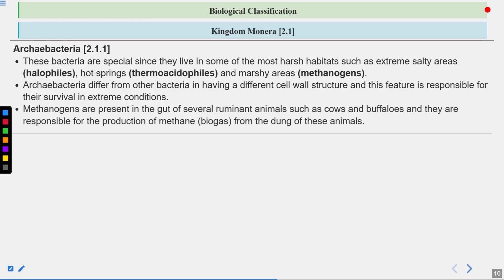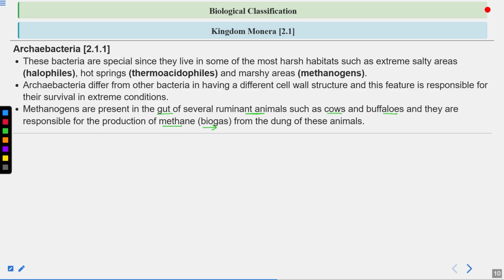Now let's talk about the methanogens. So what are methanogens? As the name suggests, methanogens can produce methane gas. Where are methanogens present? They are present in the gut of several ruminant animals such as cow and buffaloes, and they are responsible for the production of methane gas, which is a major component of the biogas.